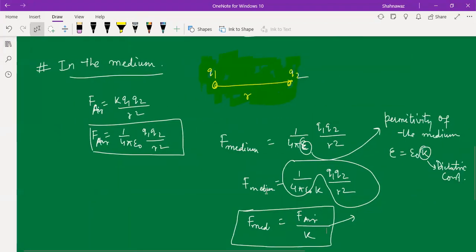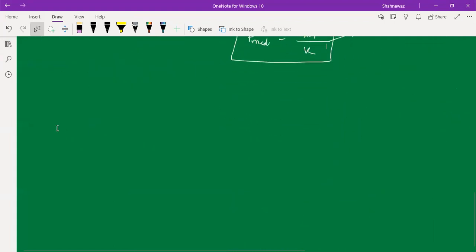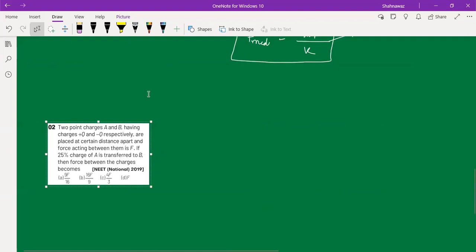Let me put this here. So these are two charges, right? What has happened?